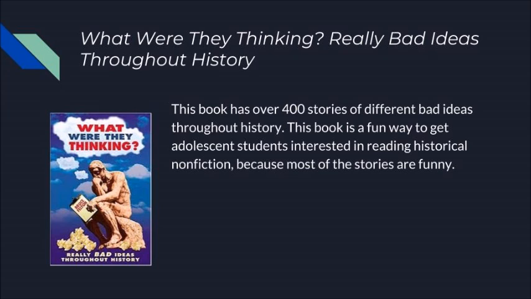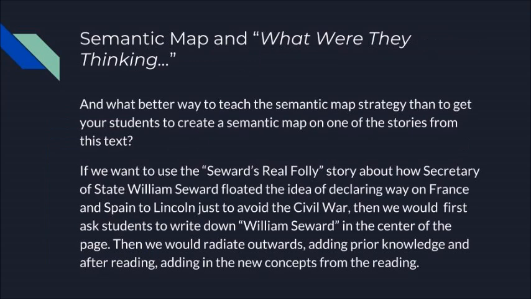Now, if I was going to use the semantic map strategy, I would choose the story of Seward's Real Folly. William Seward was the Secretary of State under Abe Lincoln and after him under Johnson. And Seward's most well known for buying Alaska, which was considered a huge waste of money.